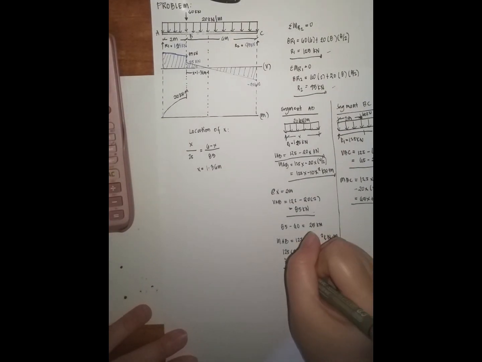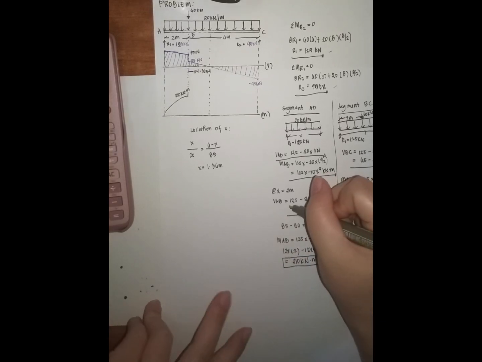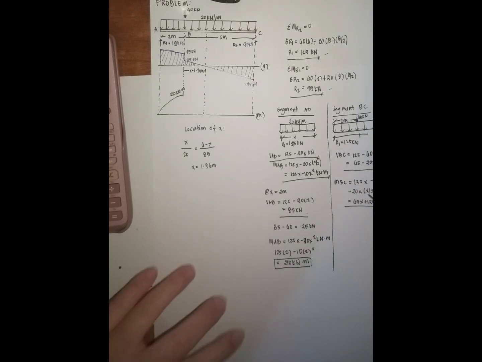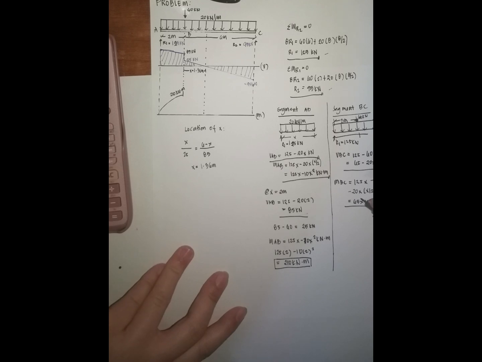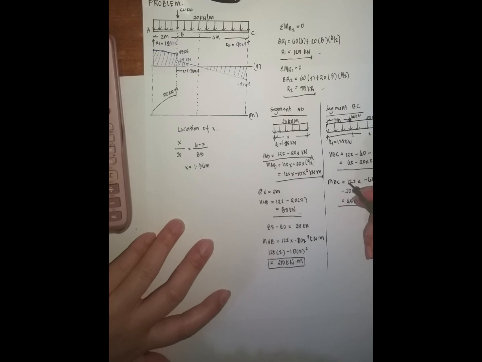So next, the other side naman, going to solve the MBC, but our distance from the value of our x. So this is the theory why we had this value.